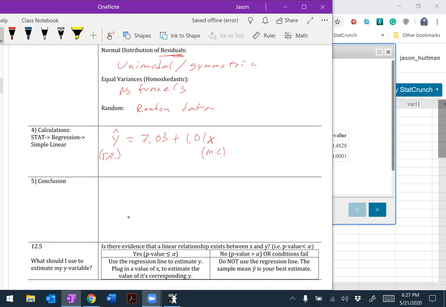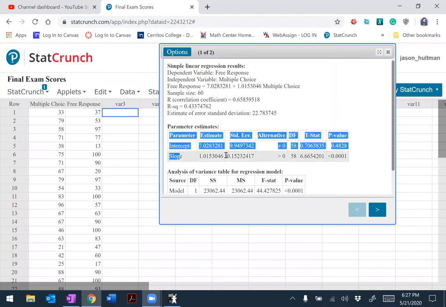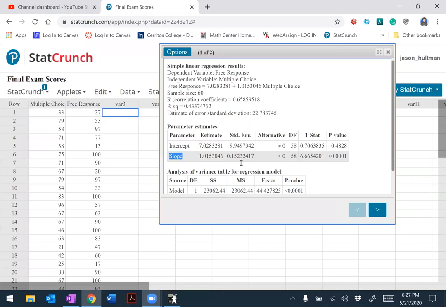Now in doing this, that also gives me the parameter estimates, and under the parameter estimates, I have the slope here, and it says what's the t-stat here. So it does the hypothesis test for greater than, for the t-stat, and that ends up being roughly 6.665, and the p-value is nearly zero.